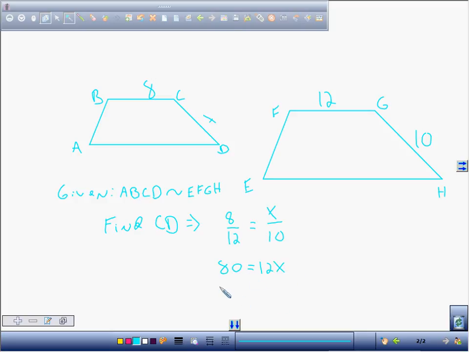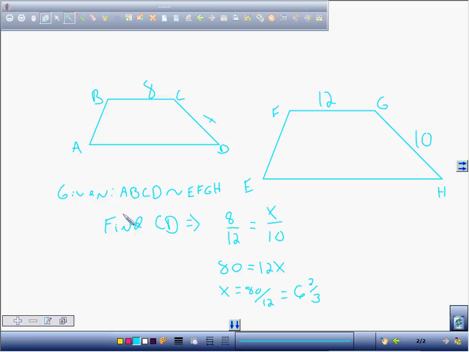And so X is 80 over 12. Is that 6.6? 6 and 2/3? Yep, that's 6 and 2/3 if you reduce it. So that's one type of problem you'll see.